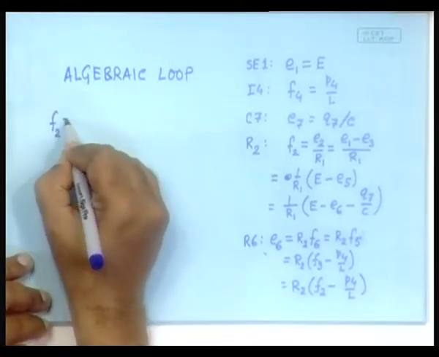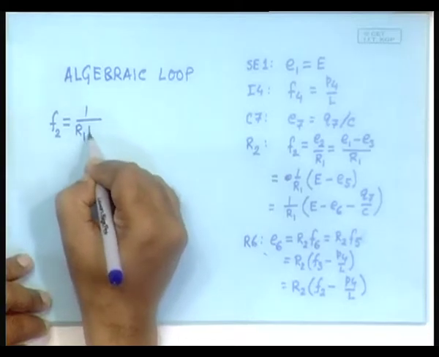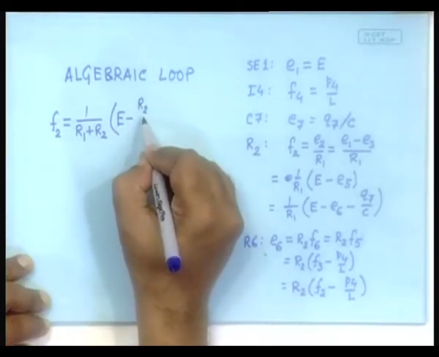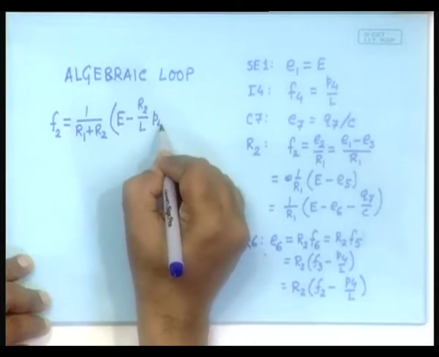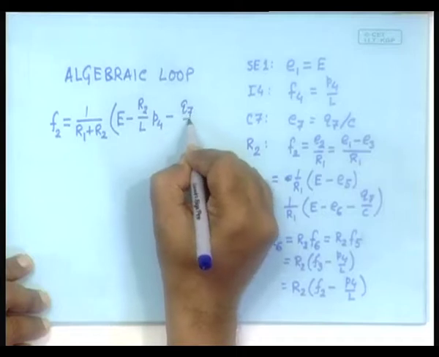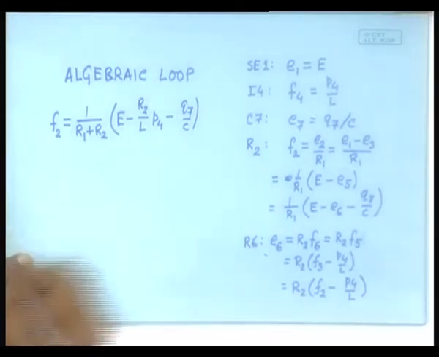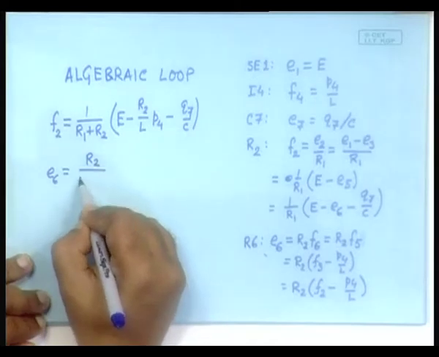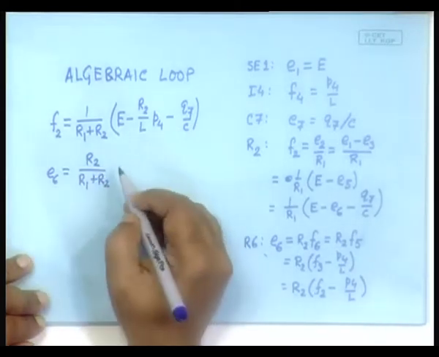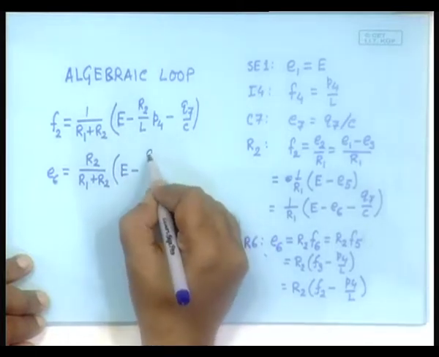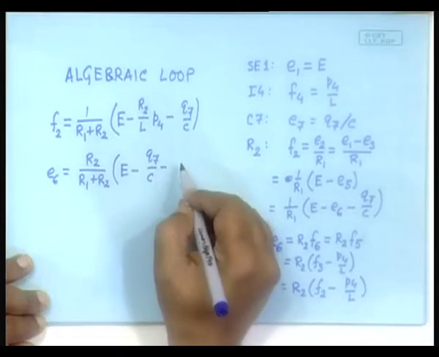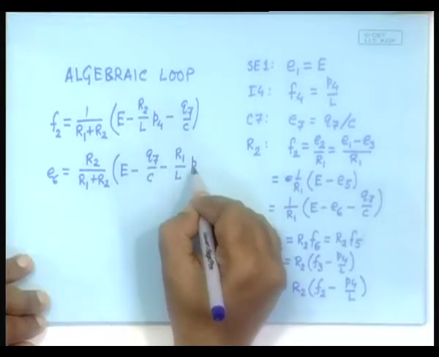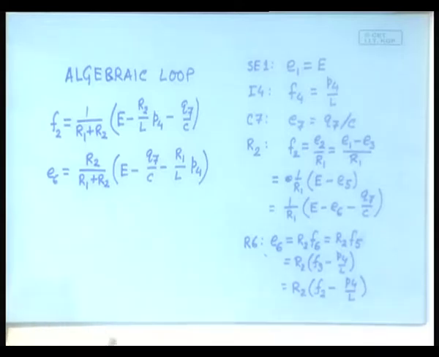I think it will be F2 is equal to 1 by 1 plus R2, E minus, and E6 is equal to, check that.